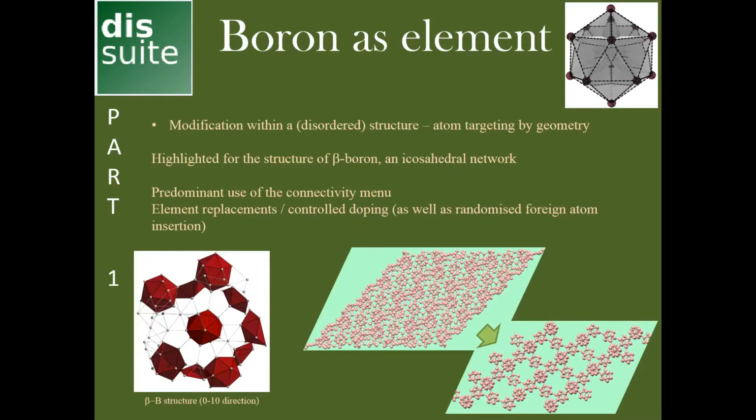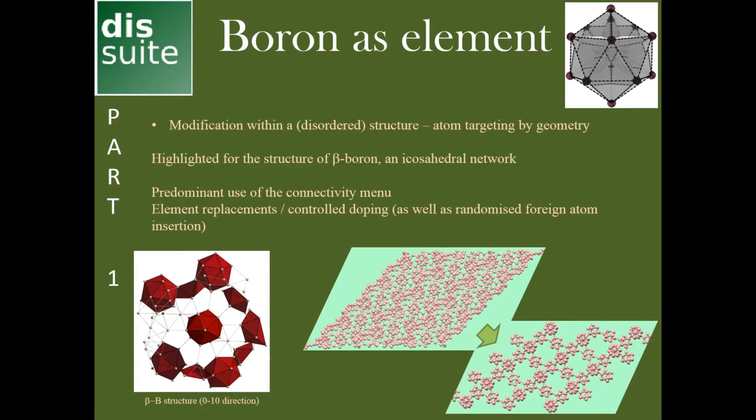Alright, so the first example is boron, here shortly introduced. The main building unit of this element is an icosahedron of boron, so at each corner of such an icosahedron the boron atoms are located.